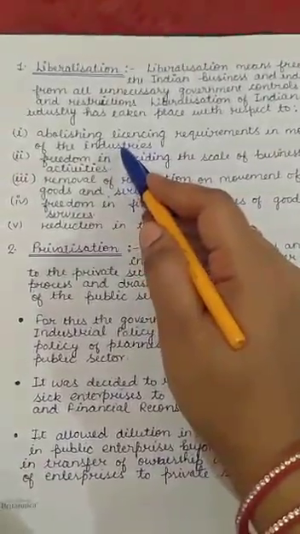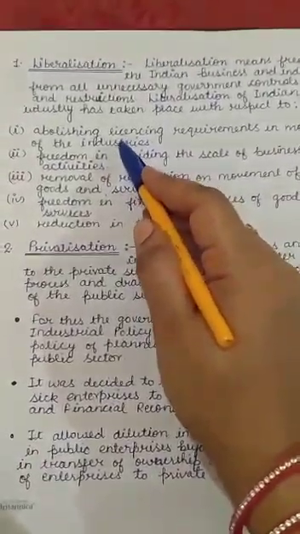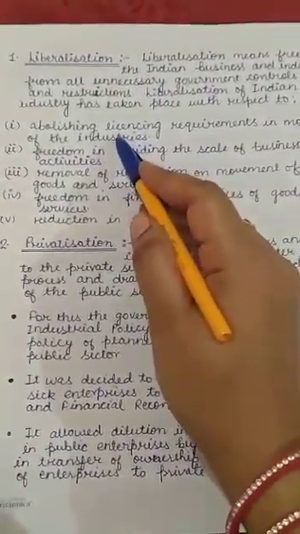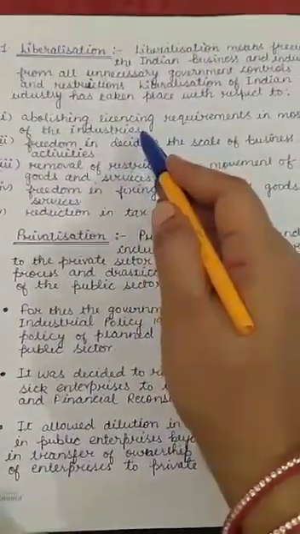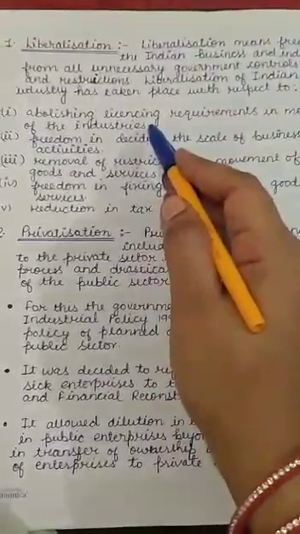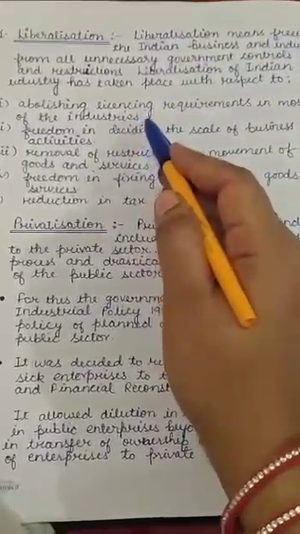What steps did the government take to free Indian industry and business from these unnecessary requirements, controls and restrictions?